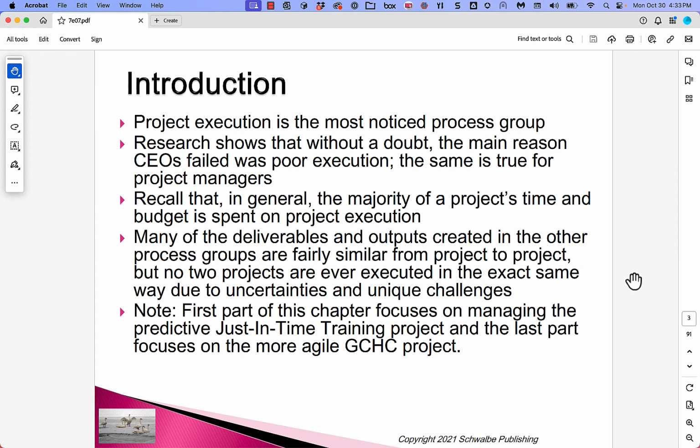Many of the deliverables and outputs created in other process groups are fairly similar from project to project, but no two projects are executed in quite the same way. That's a good point because as we're going through the other chapters, we're really talking about plans for this and plans for that.